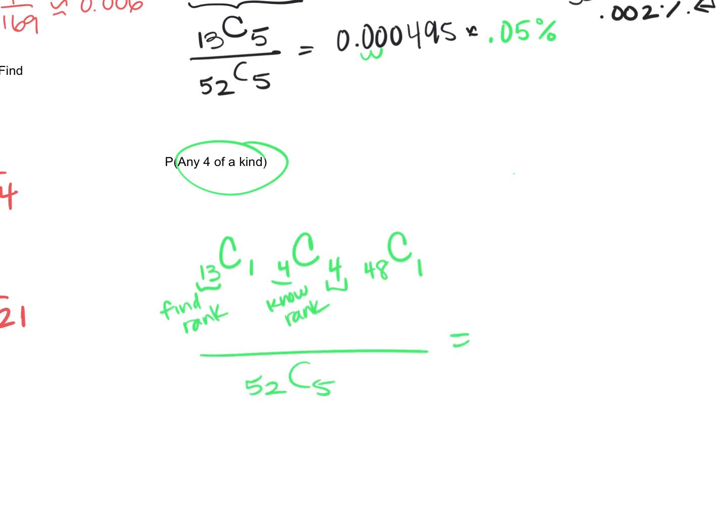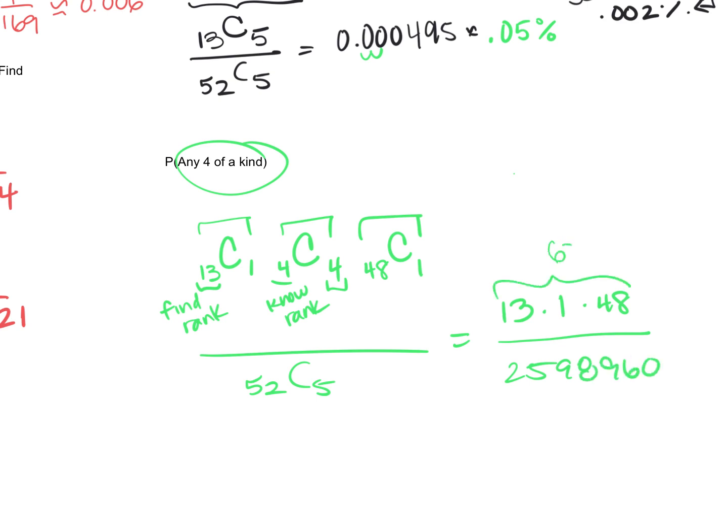So then with our calculator, it ends up that 13C1 is just 13, 4C4 is just 1, 48C1 is going to be equal to 48, over the 2,598,960. This is going to be 624. Again, you can enter it into your calculator. It's kind of nice to do these small side steps.